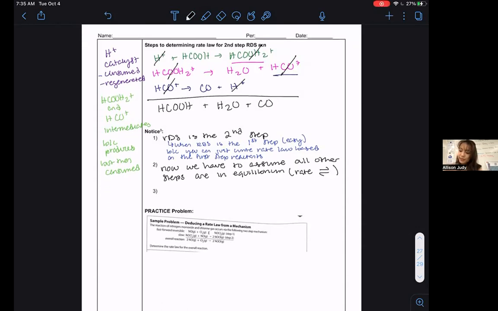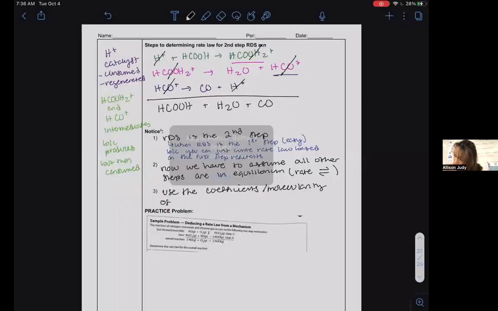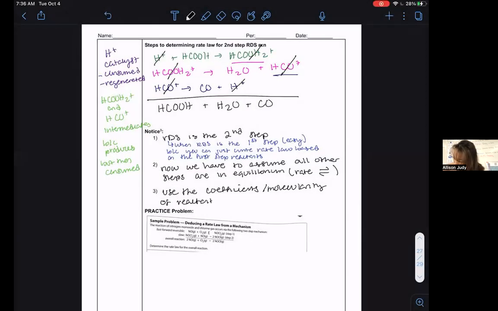And then what we do is we use the coefficients, or another way of putting it is the molecularity of reactants in the rate determining step as a guide for the reaction overall rate law and reaction order.